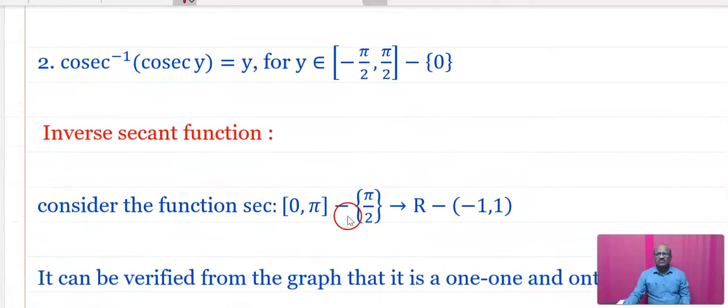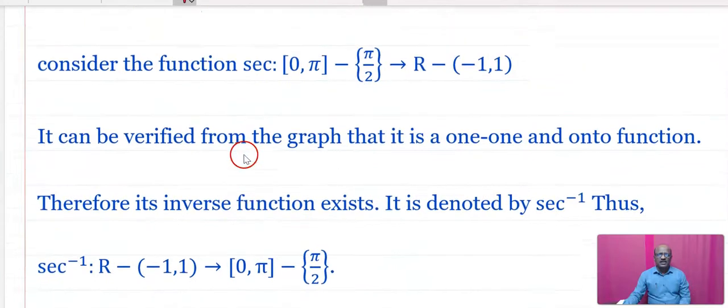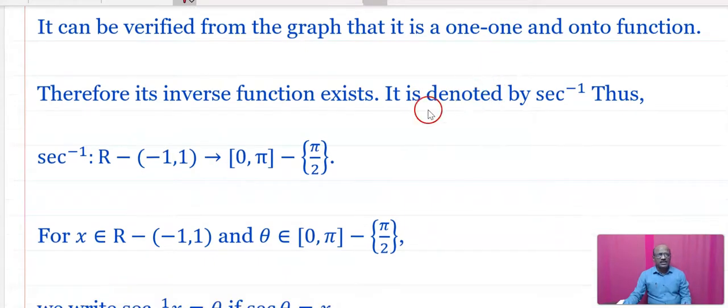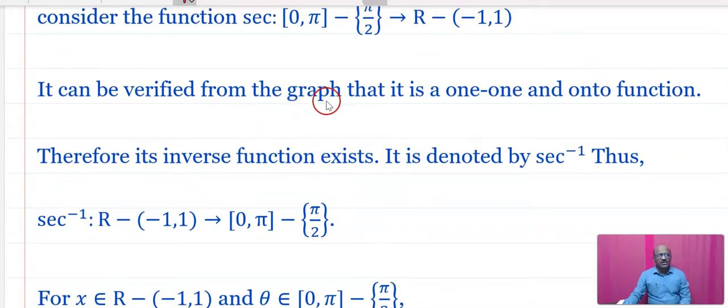Now the inverse secant function. Consider the function sec from 0 to pi minus pi by 2 to R minus the open interval minus 1 to plus 1. It can be verified from the graph again that it is a one-one and onto function.